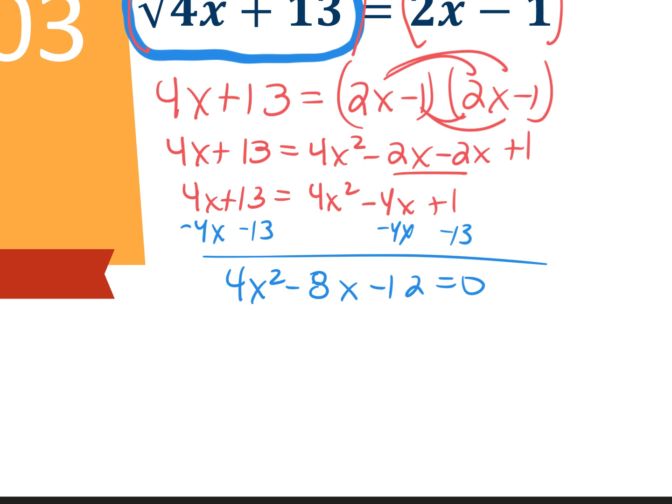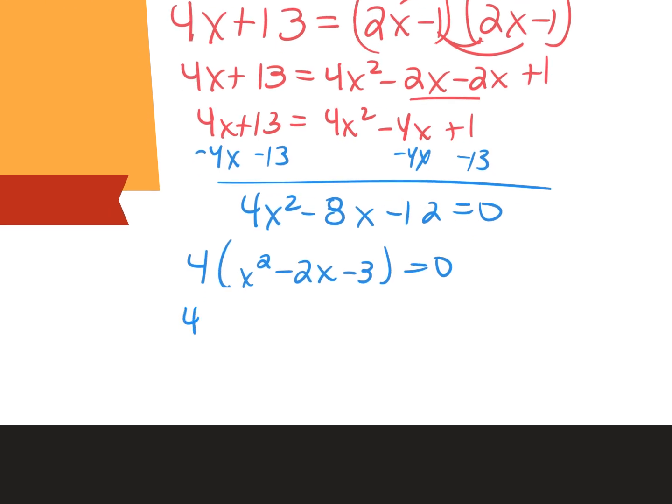So now, as a factoring problem you guys have seen a million times, first thing we're going to look for is a GCF. Is there a number that I can take out of all three of these? Yes, that we're going to factor out of 4. We'll be left with x squared minus 2x minus 3 equals 0. Still have my 4 out in front. Are there factors of negative 3 that'll multiply to give me a negative 3 and add to give me a negative 2?